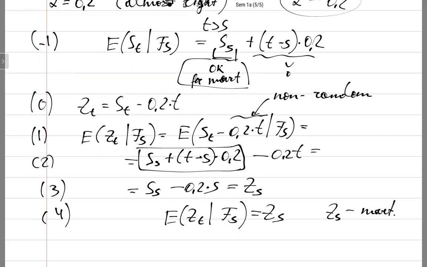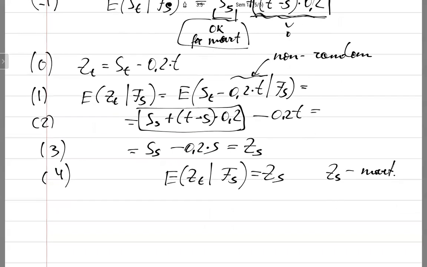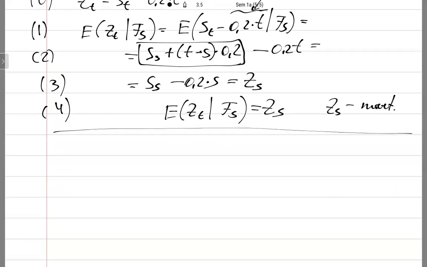So the nuisance term is why it's not a martingale. S_s is okay for a martingale, but the problem is why S is not a martingale, because of this term. Okay, so let's consider Y_t is beta to the power S_t.